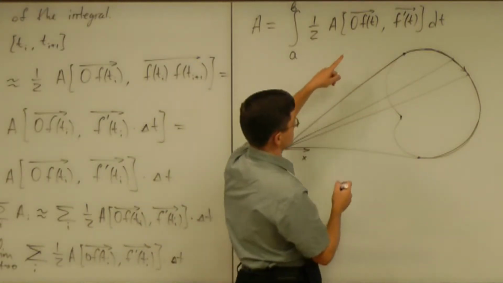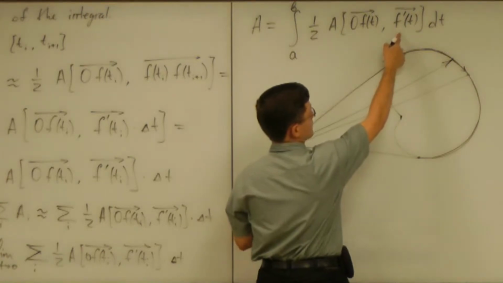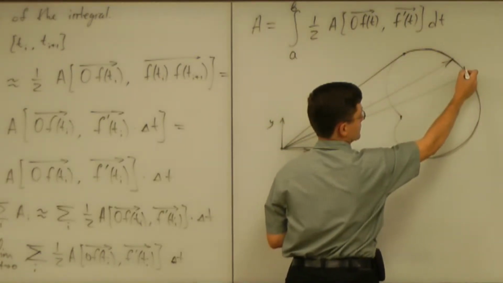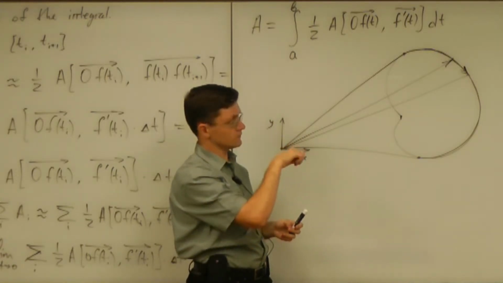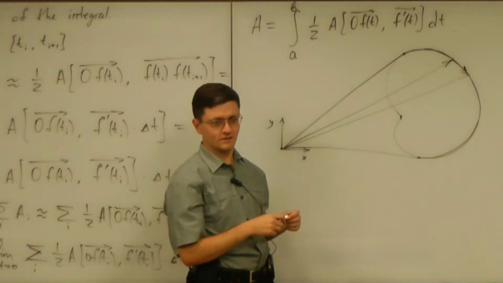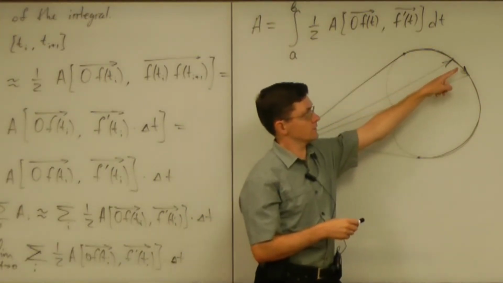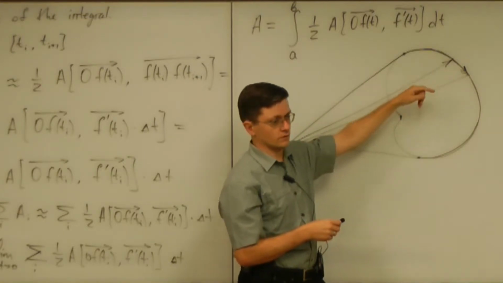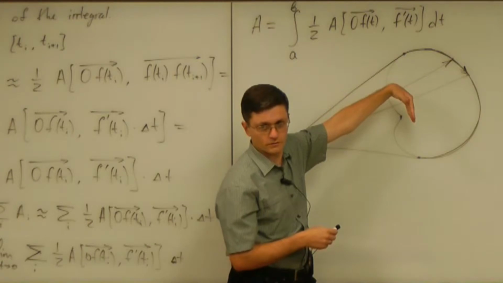Well, according to this formula, you have to take the vector from the origin to the position and multiply it by the velocity. So the right-hand rule says, what is it, positive or negative? If this is the first vector and that is the second, you rotate from the first to the second in the counterclockwise direction.